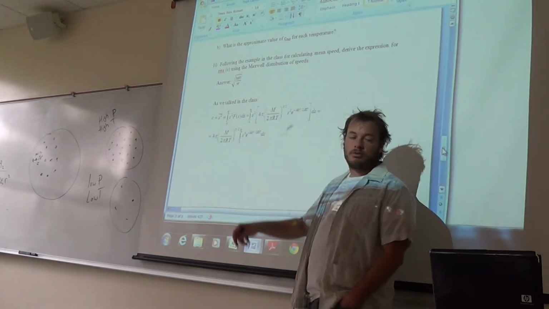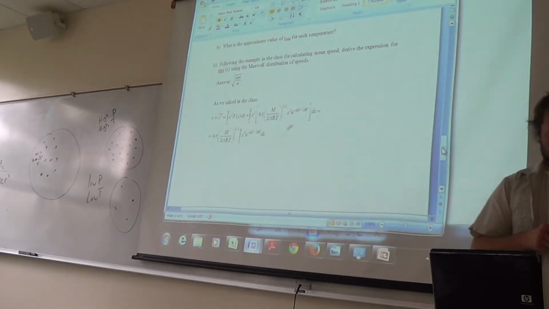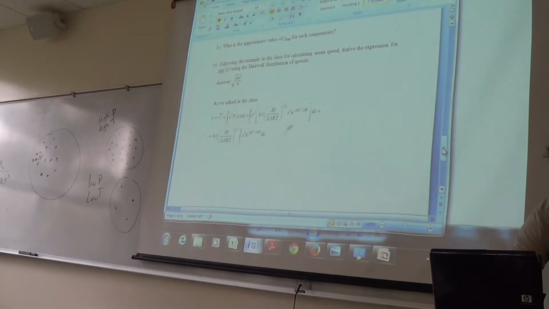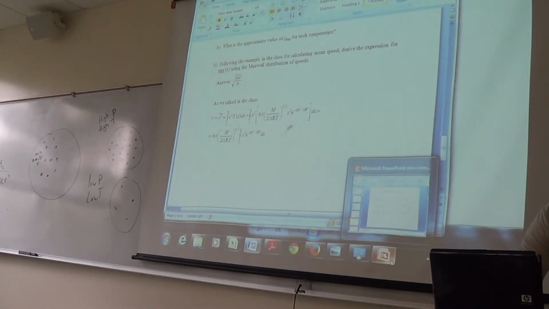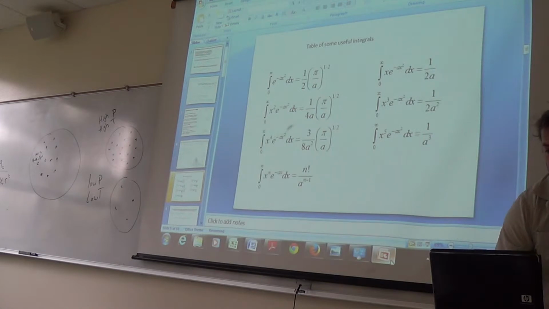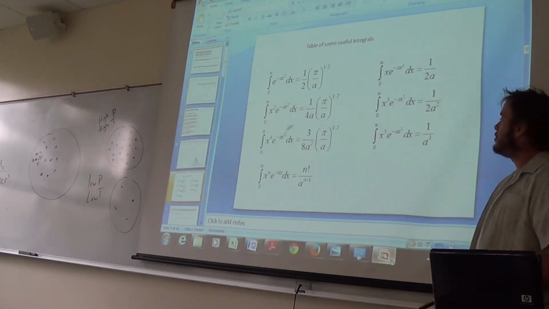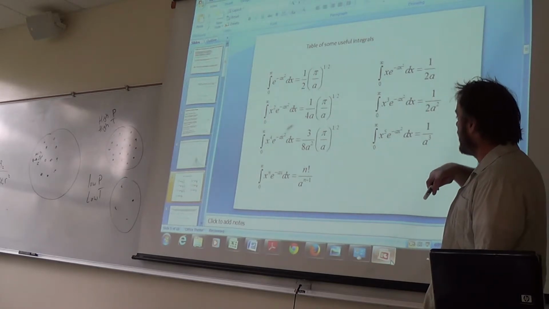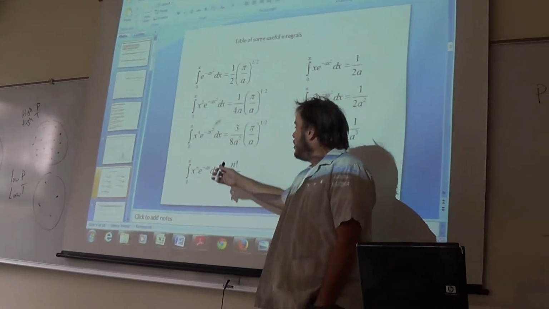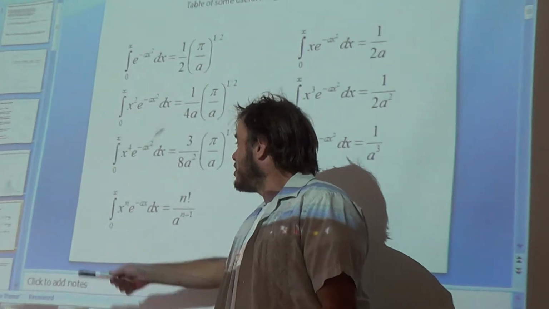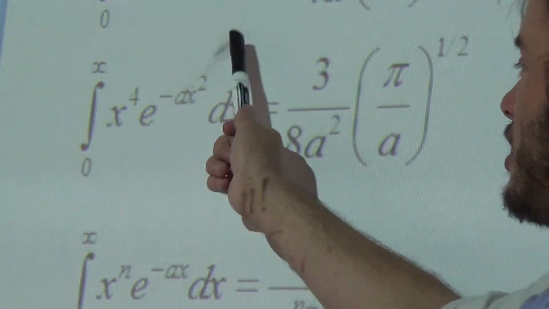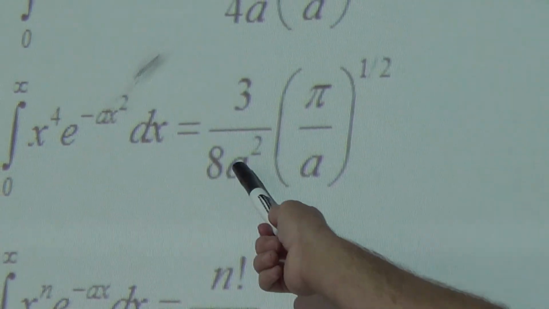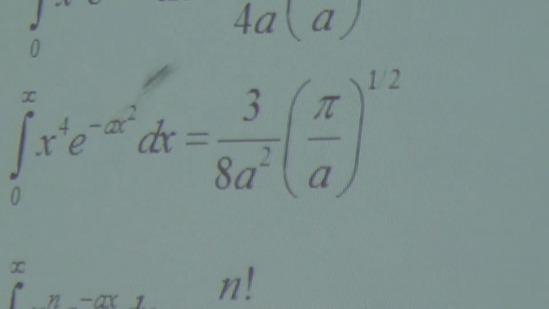But to solve this integral, you're going to need a table of integrals. And this table of integrals will be made available to you. But you'll see this covers most of the scenarios rather well. Integral from 0 to infinity of x to the fourth e to the negative ax squared dx is 3 over 8a squared times pi over a to the 1/2, right?